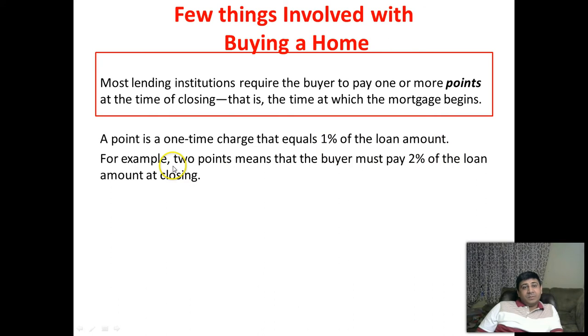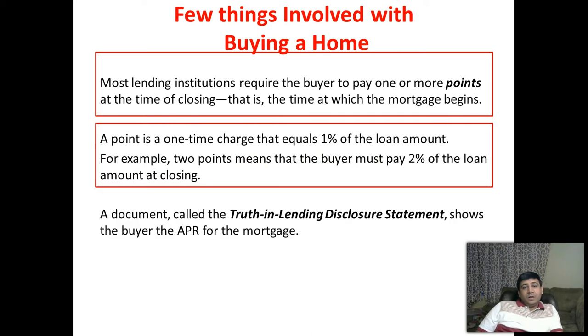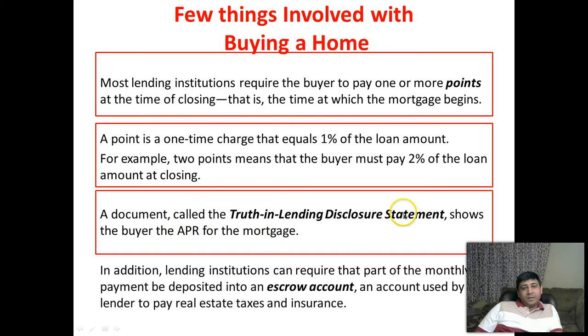So 2 points means 2%, 3 points means 3% of the mortgage amount. A document called the truth in lending disclosure statement shows the buyer the APR for the mortgage.